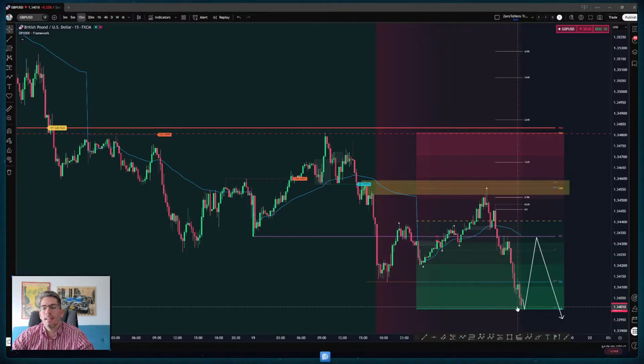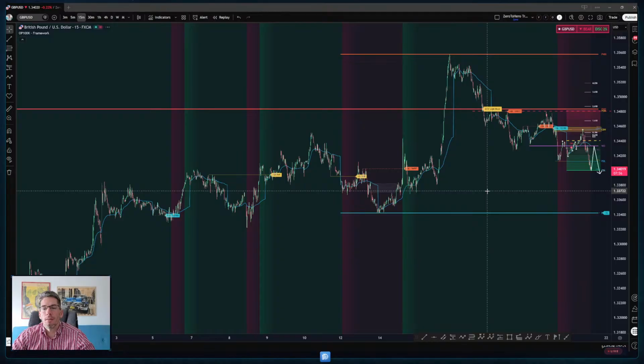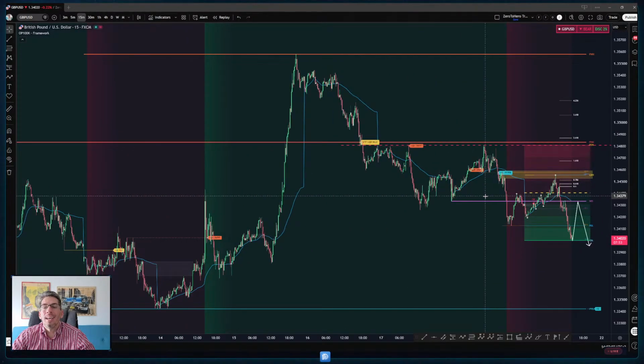But selling now, I would still need to use the same stop loss that I originally used during the UK session. And technically speaking, our risk reward would not be ideal. Even if you just target the previous week's lows that are at 133.40, you would not get good risk reward, maybe 1 to 1.